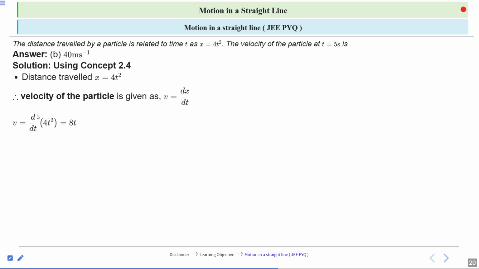After differentiating the value of x, v equal to d 4t square divided by dt equal to 8t. So the differentiation of 4t square is 8t. At t equal to 5 second, the velocity of particle v equal to 8 into 5. So 8 into 5 equal to 40 meter per second. Clear? So this is the correct answer.